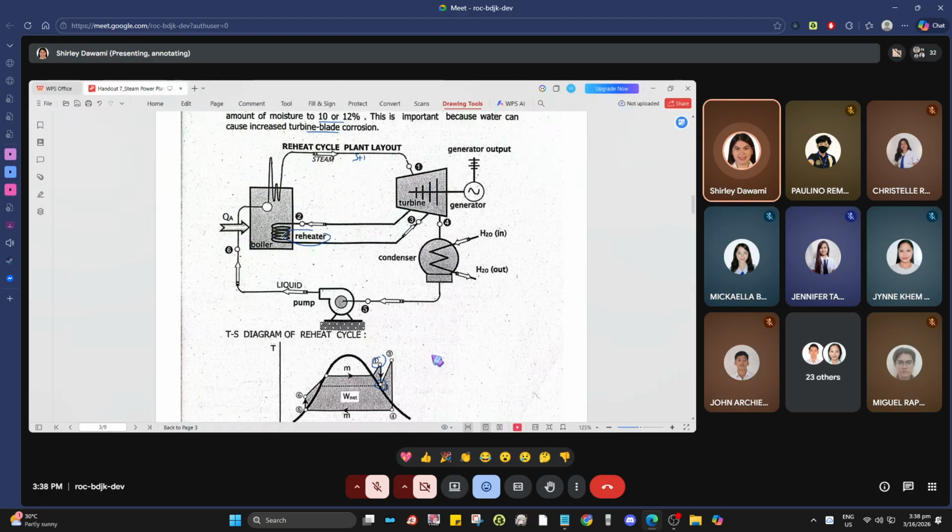Then reheat 2, it's still superheated steam, I mean saturated vapor or steam.